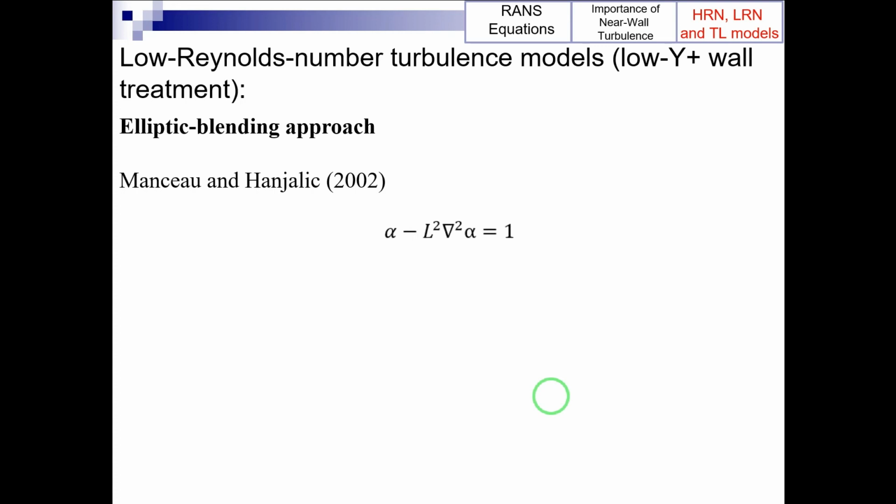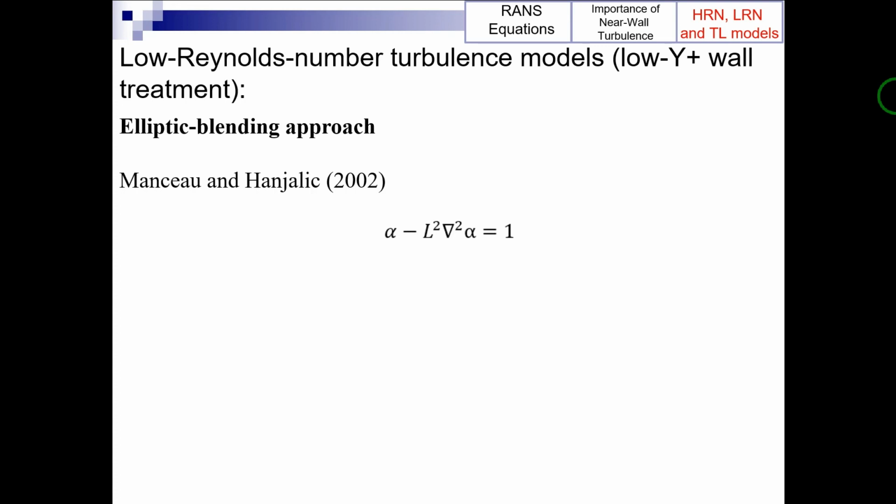So this elliptic equation is solved for alpha, which is 0 at the wall and 1 for the region far from the wall. This in fact has led to the development of the elliptic blending Reynolds stress turbulence model of Lardeau-Manceau, which I will present later in another video.